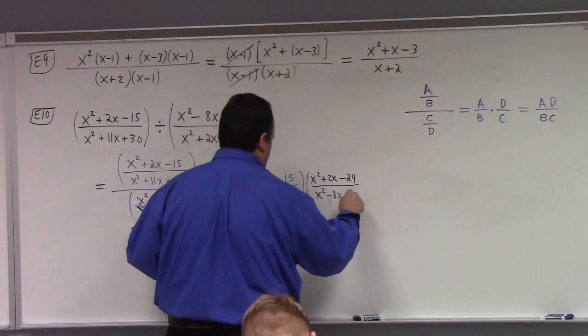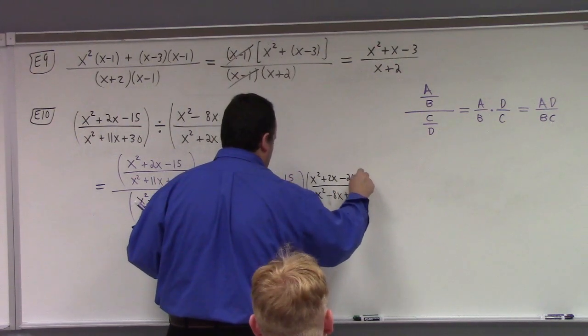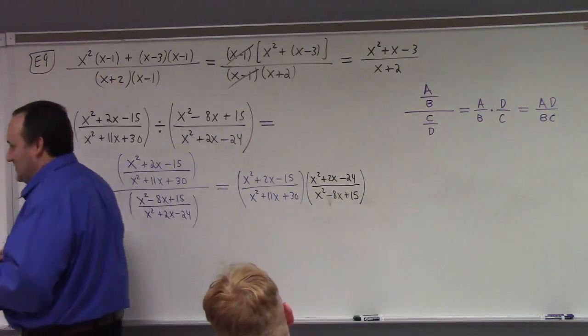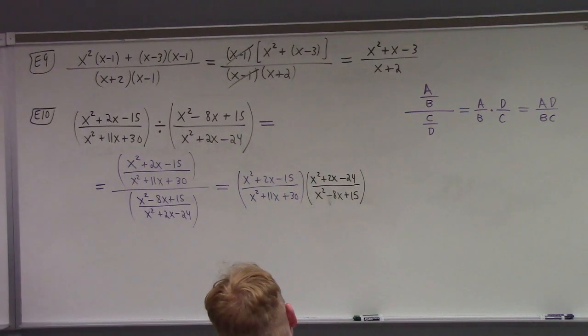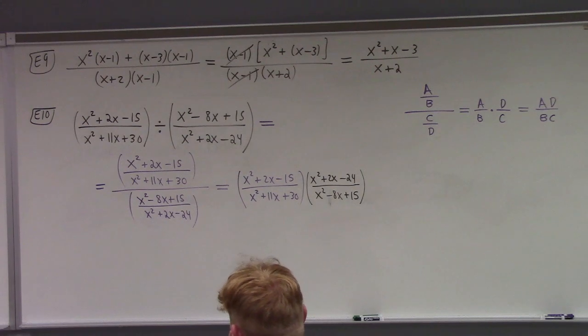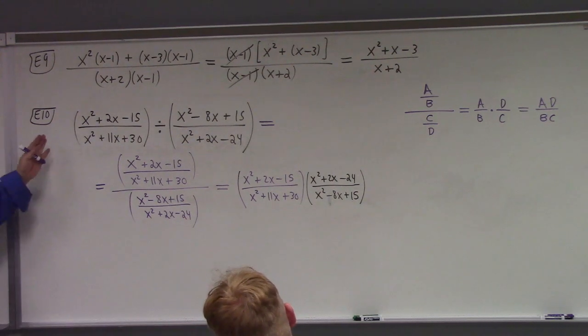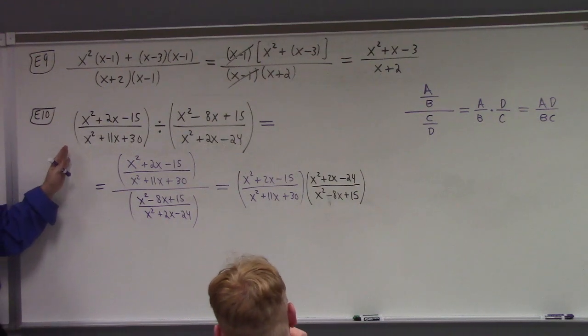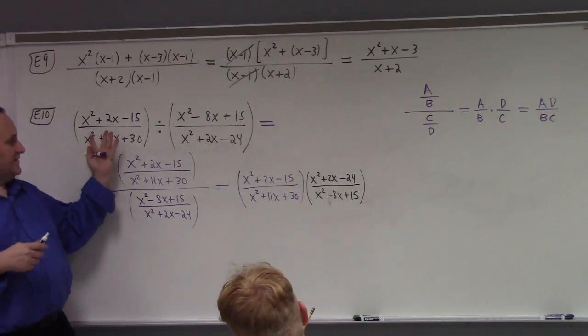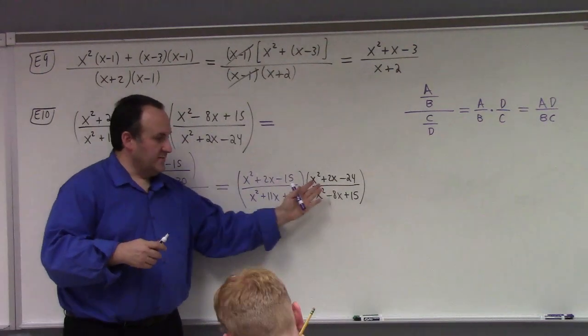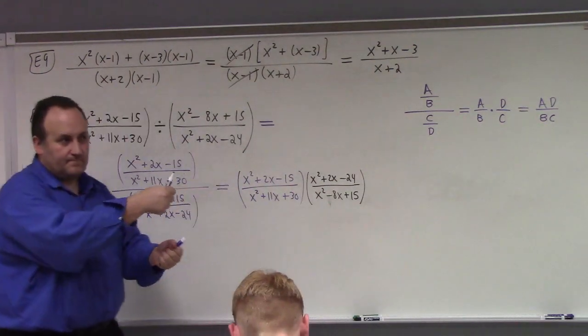I regret my decision to change this to a division problem. This is a multiplication problem in the book. I flipped it. That was a bad choice. All right, now that I fixed it, the way to look at this division problem is just multiplication by the reciprocal. The reciprocal is just flip the fraction.